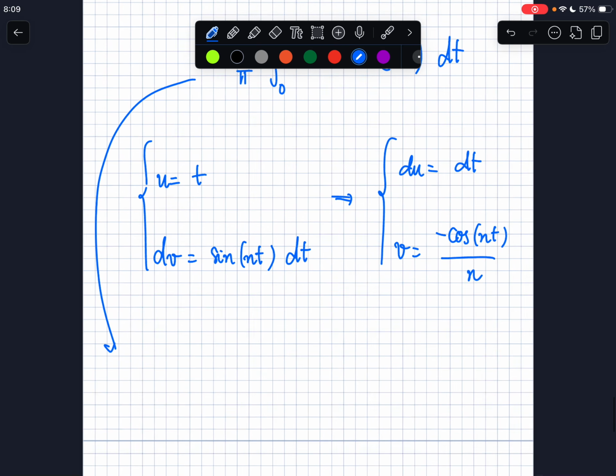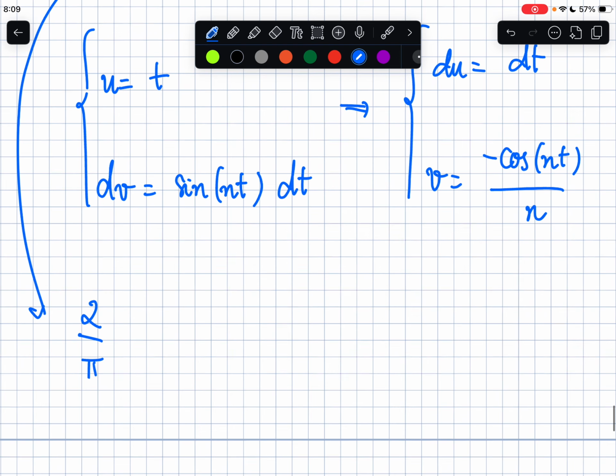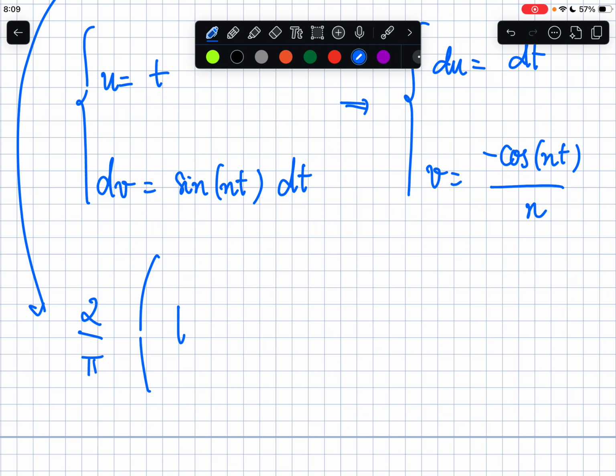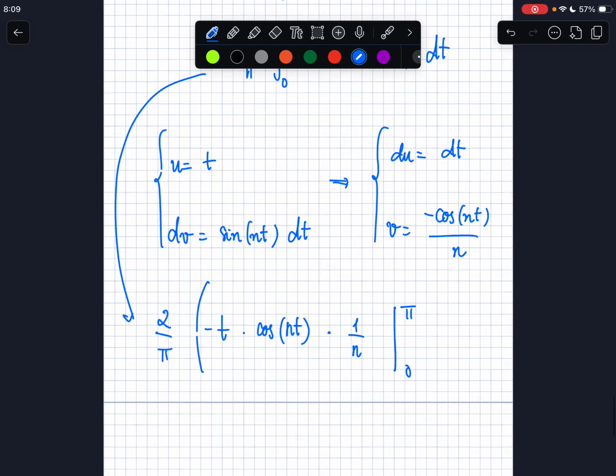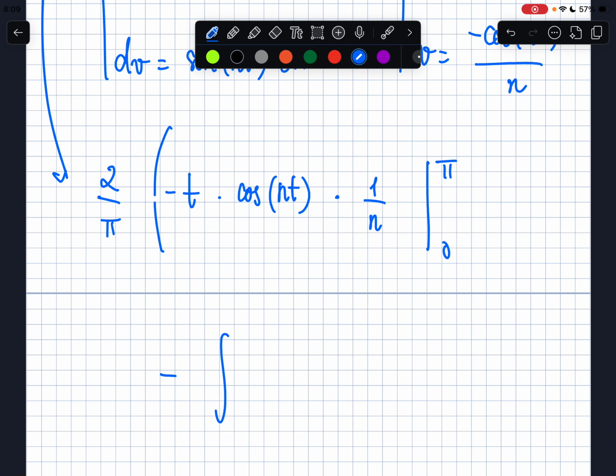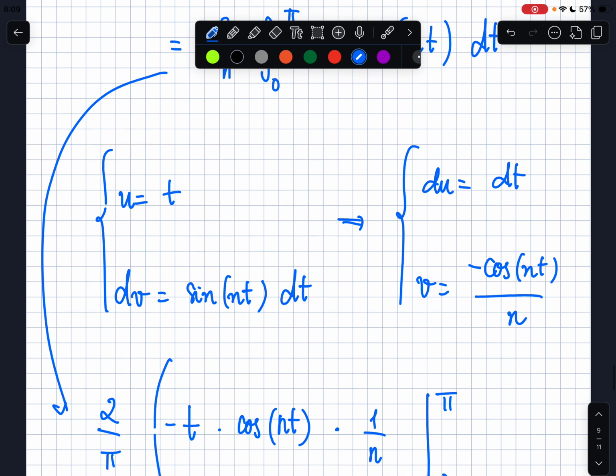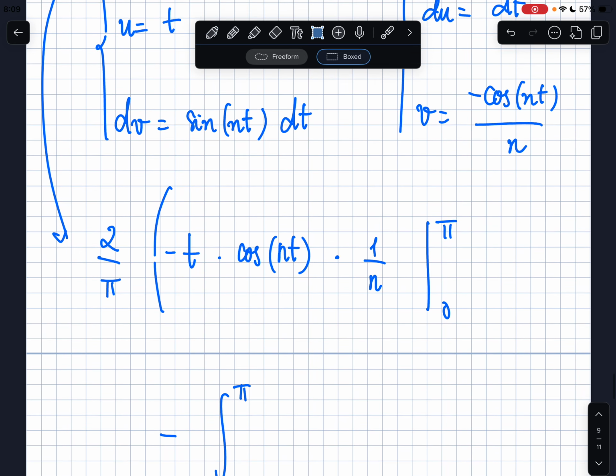With that, you get this integral: 2 over pi still there, uv, which is t times minus cosine(nt) divided by n, from 0 to pi, minus the integral from 0 to pi of v du.